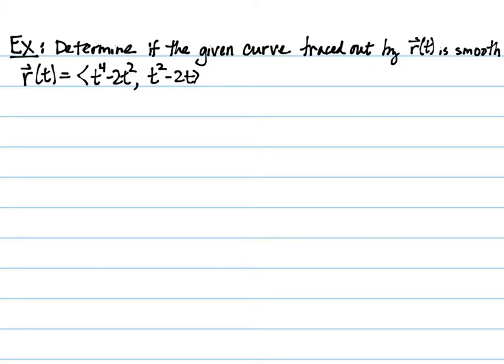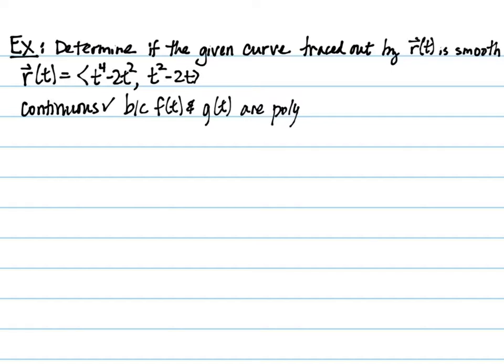All right, so to start, this is continuous. And a reason, of course, is because f of t and g of t are polynomials. Okay, so next we're going to find out if, in fact, this equals 0 anywhere.